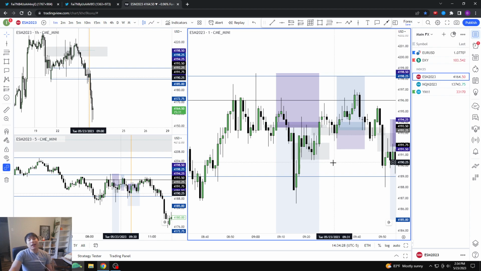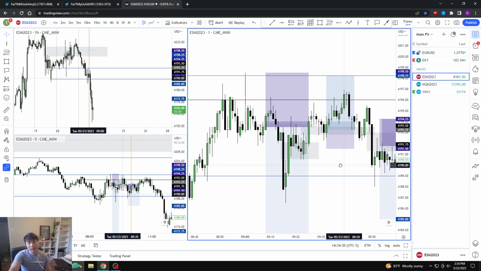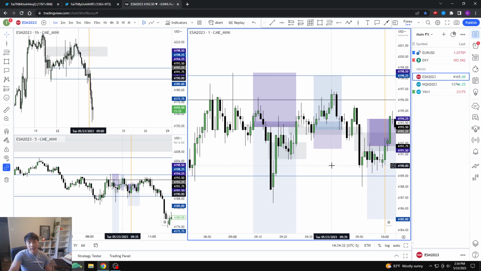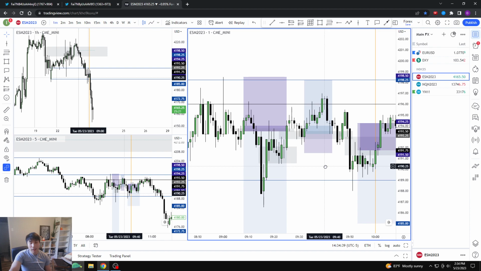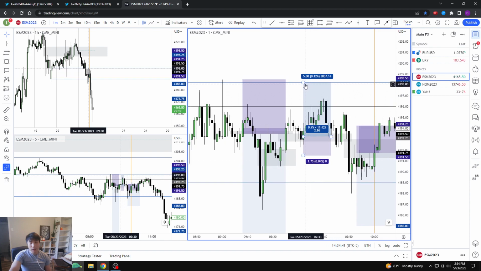Anyways, the bullishness was, in hindsight, not that strong. I shouldn't have taken this long, but I took this long, and it went up close to this buy side, where I needed to take profit, and then it reversed lower.